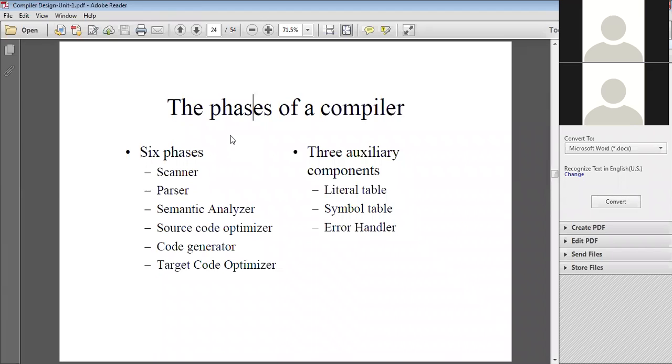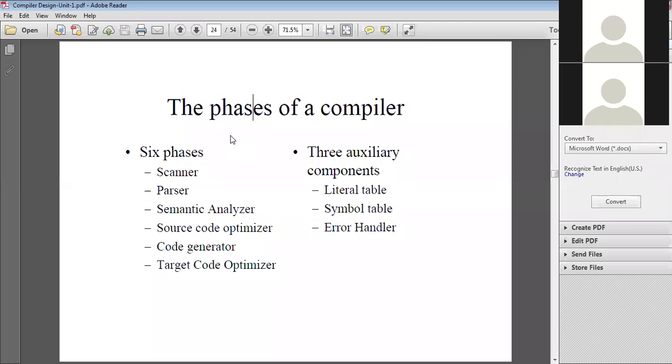What are the 3 auxiliary components? Literal table, symbol table, error handler. These are the different tables which will be provided whenever you write a program and click compile. Whenever you write the program using the C compiler, you always click compile, then the whole process will start, and the compiler will use 6 phases and 3 auxiliary components.